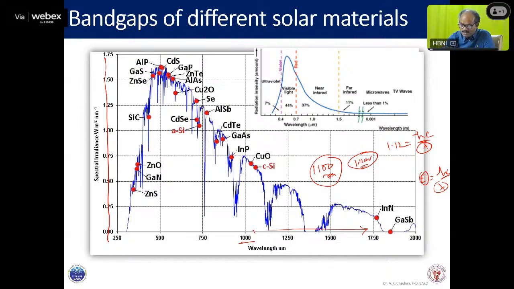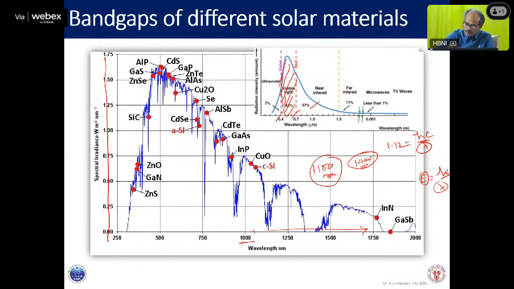Now for practical understanding, the light we are receiving from the sun, imagine the intensity is approximately 1000 watt per meter square. 44% of this 1000 watt falls in visible light, 37% is between 0.7 micrometer and approximately this level, and 7% of light is in the ultraviolet range, which is below 400 nanometer.